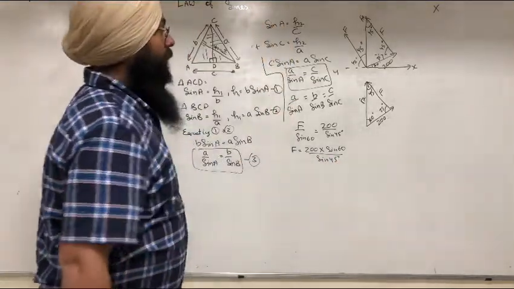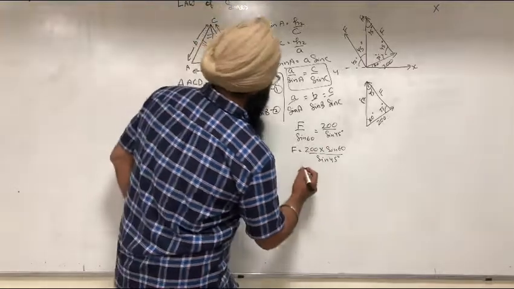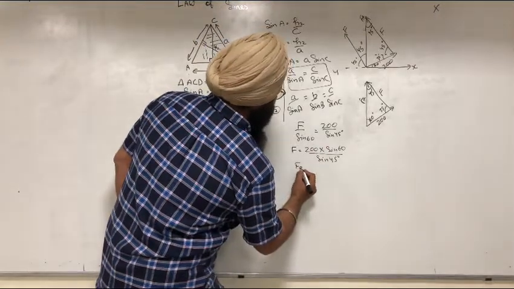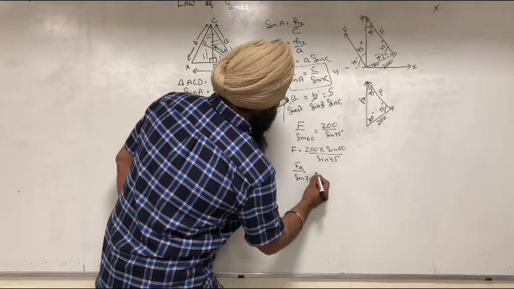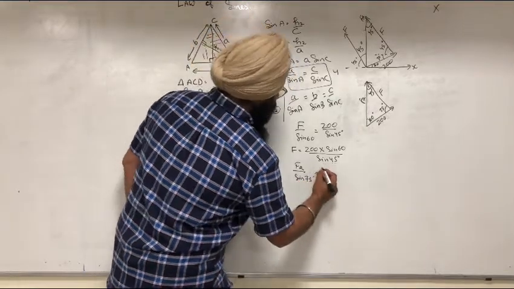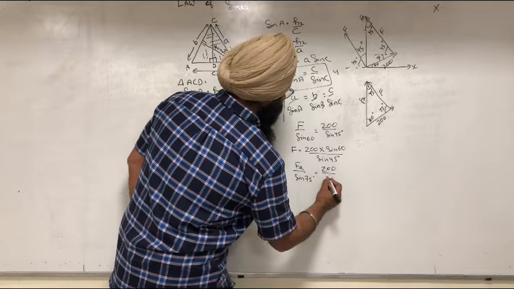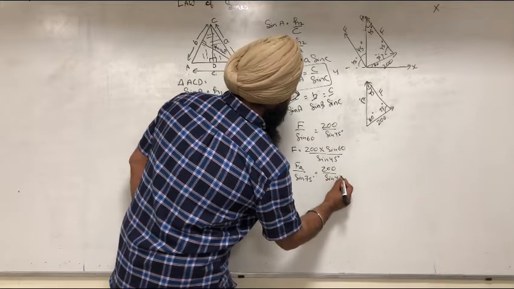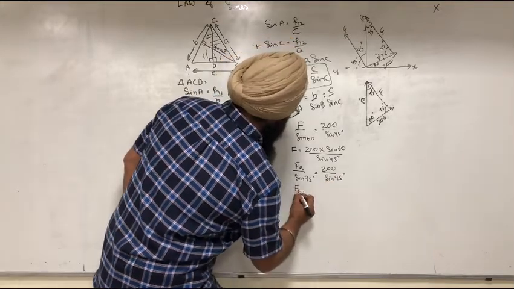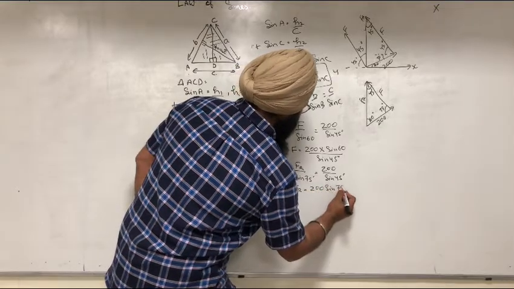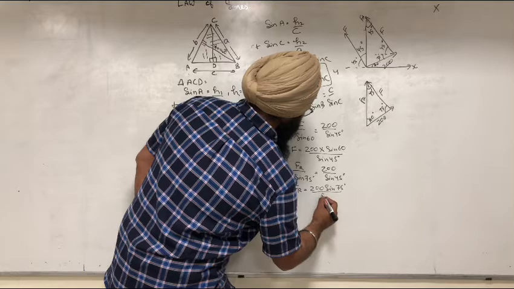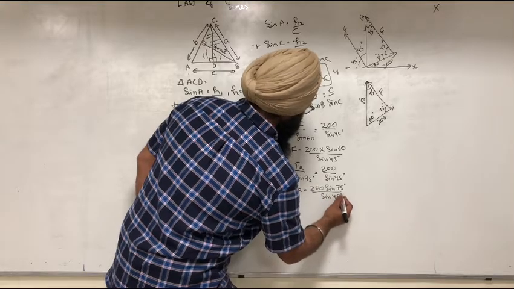Similarly, we can solve FR. FR divided by sine 75 will be equal to 200 divided by sine 45. So FR will be equal to 200 sine 75 divided by sine 45.